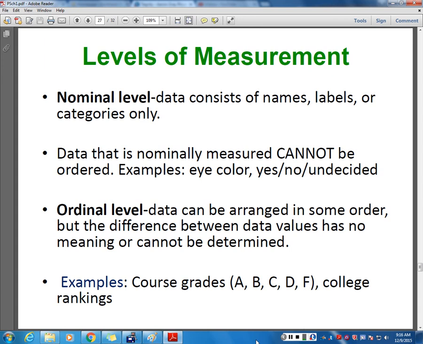So there's no real mathematical difference between them. Plus, the difference between, say, College 1 and College 2 may be very slight. They may be neck and neck. But the difference between College 2 and 3 may be extremely wide. So the data value differences also may not be consistent. We have no way of knowing.